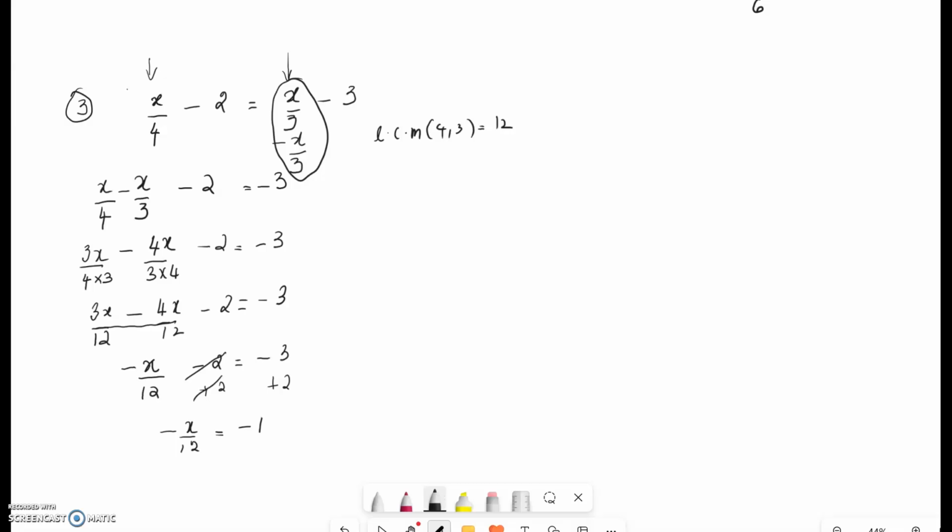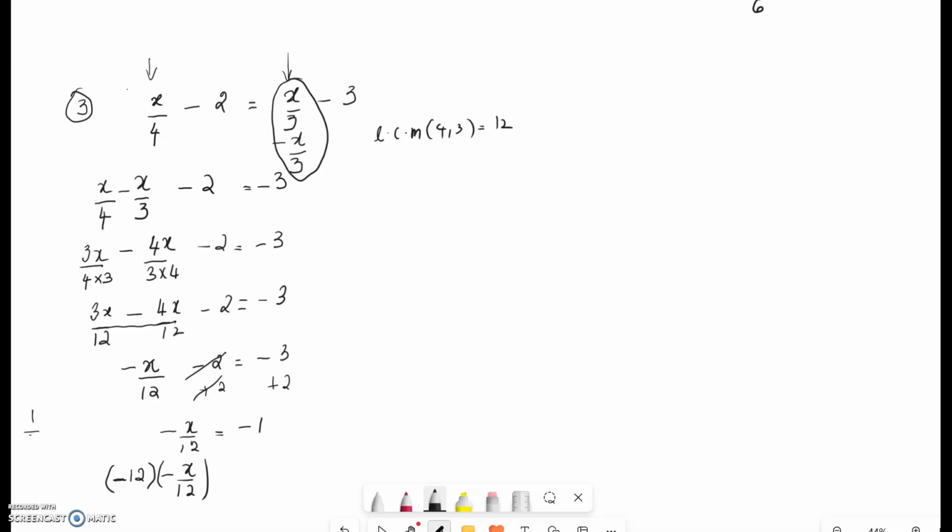Now how do I get rid of the 12 and the negative sign on the left? Negative times negative will become positive. I multiply with the 12 in the numerator, so that way I cancel the 12 in the denominator. So notice that if it's a negative number, just make sure that what you're multiplying with is a negative.